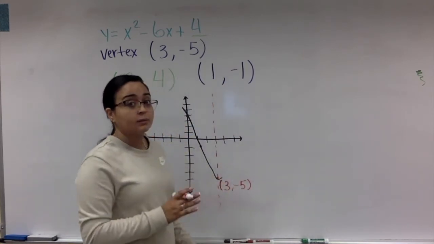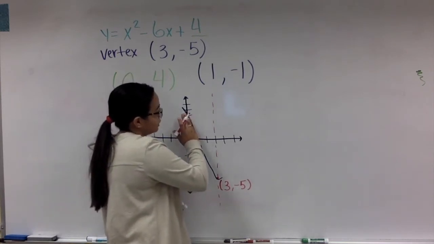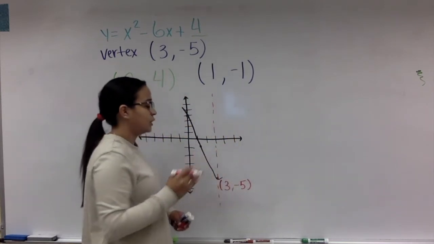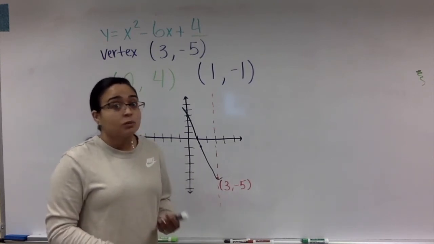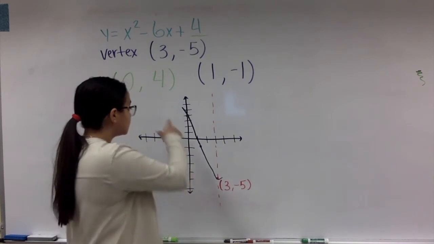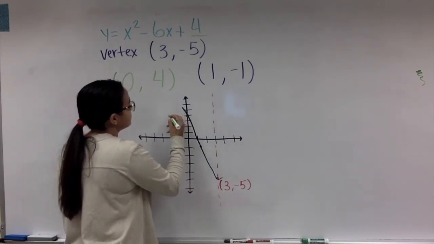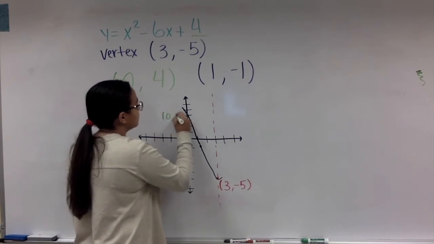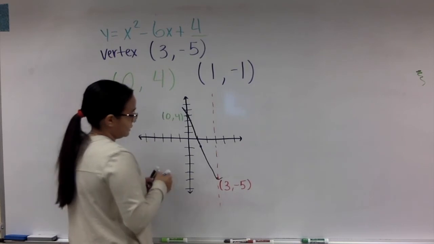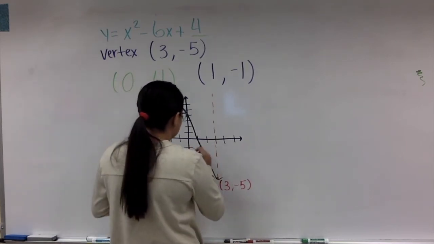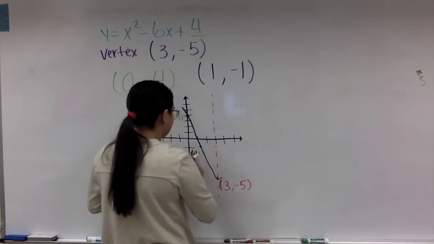Okay, again, a parabola is in a U shape. So if we were to fold this way, what coordinates would that give us? Hint, our y's will be exactly the same. So I forgot to label my points. This one was 0 and 4. And this one was 1 and negative 1.